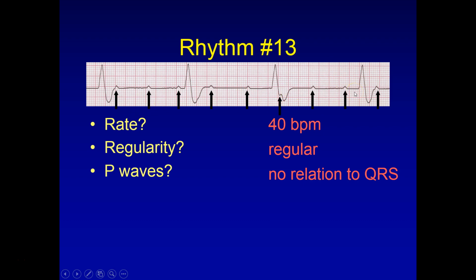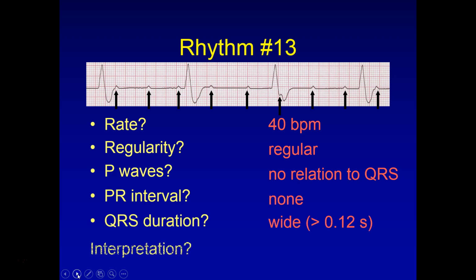So at the slide I told you, the conduction occurred none of the time. And that is the definition of third degree heart block. And this patient needs to have the Zoll brought out and a transcutaneous pacemaker until we can get a permanent pacemaker placed. This is very dangerous.